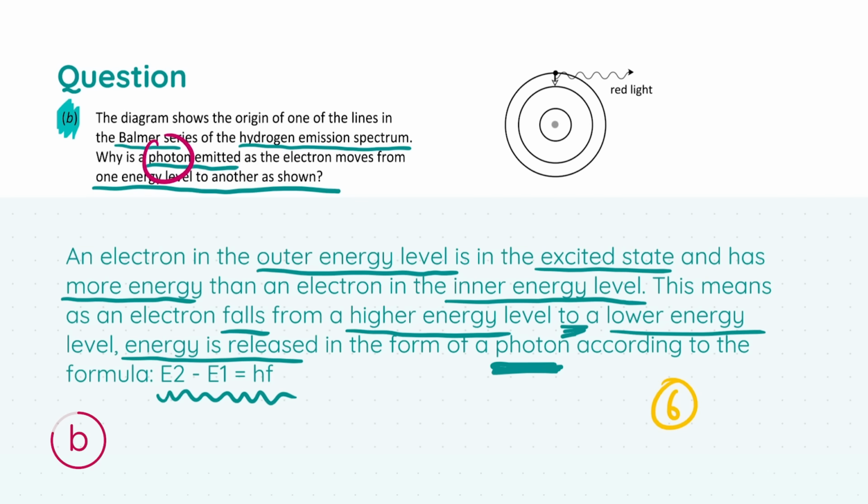So talking about the electron in that outer energy level having more energy when it's in its excited state, and the innermost energy level, the ground state, having less energy, and then talking about the difference as it's moving between them. The photon that's emitted is equal to that change in energy.